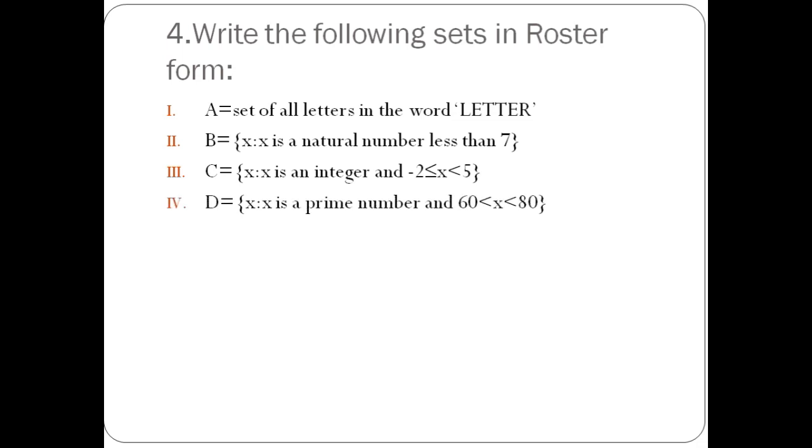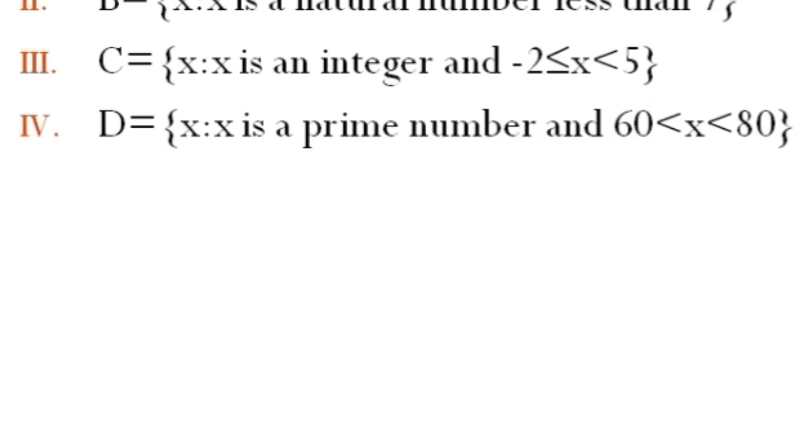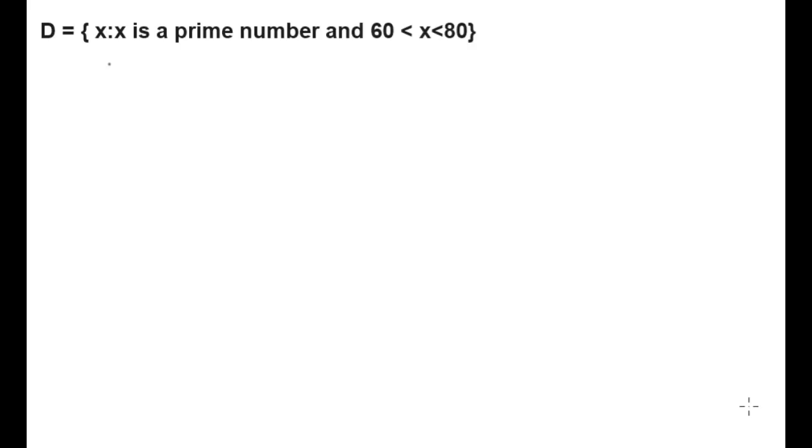Question number 4. D is a set of x where x is a prime number and x is greater than 60 and less than 80. Let's start to write in a roster form.